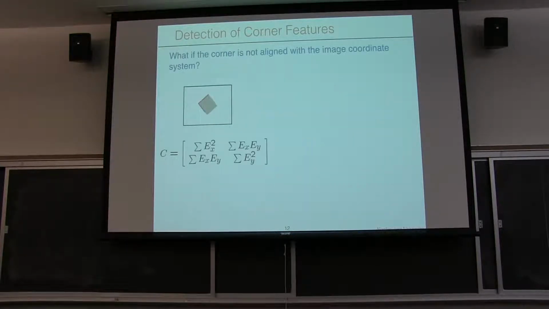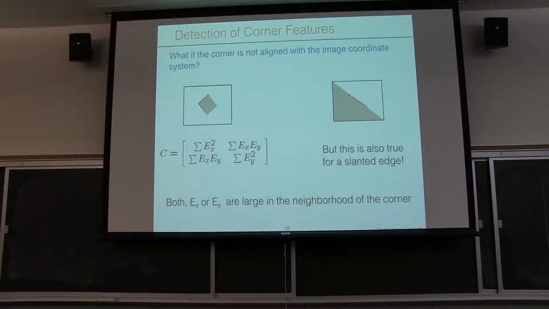Now we saw that if I rotate the corner and I build the C matrix, now I have trouble because any edge in any arbitrary orientation, not vertical or horizontal, will produce a matrix that will not tell me whether I have a corner or not.